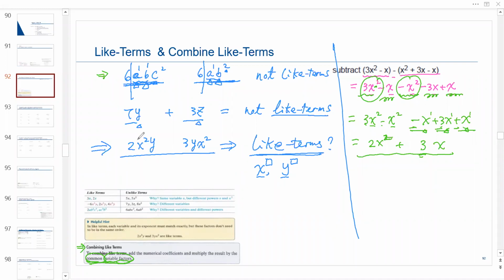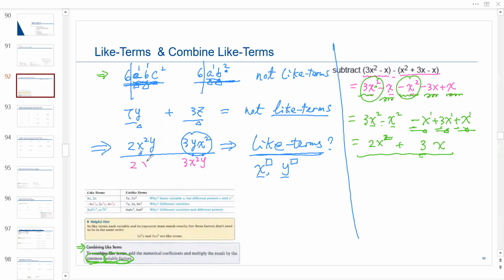You can see here, xy, their sequence is different. But based on our previously called commutative property, this term can be rewritten as 3x squared y. It doesn't matter whether the factor y is in front or back.